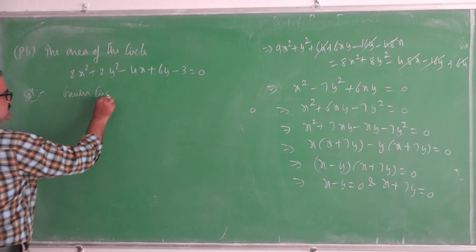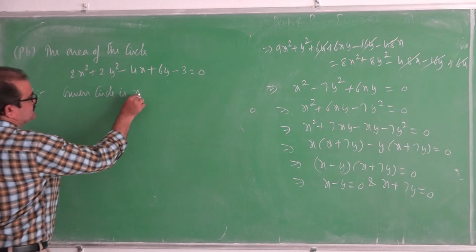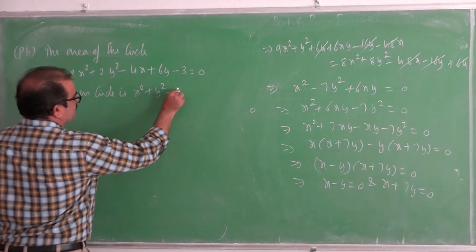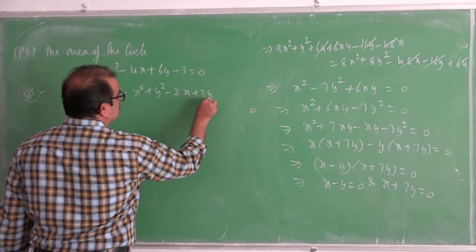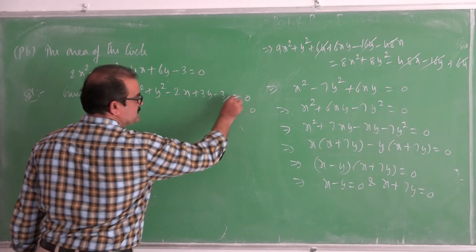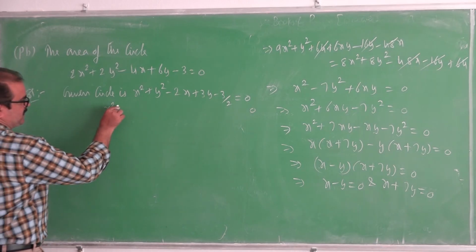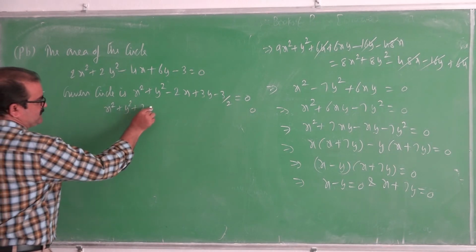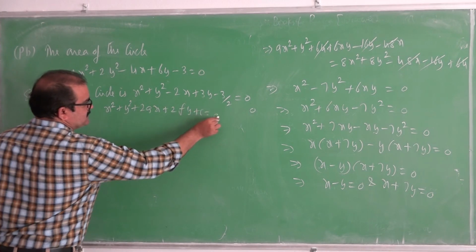Given circle is x square plus y square minus 2x, take 2 common, plus 3y minus 3 by 2 is equal to 0. Compare with the standard equation x square plus y square plus 2gx plus 2fy plus c is equal to 0.